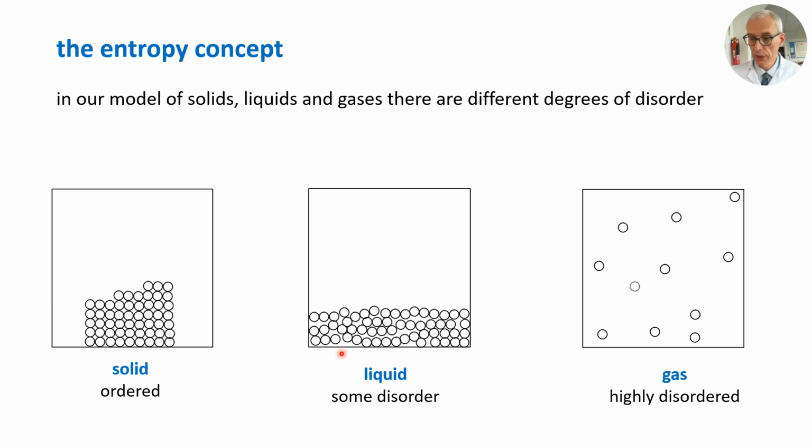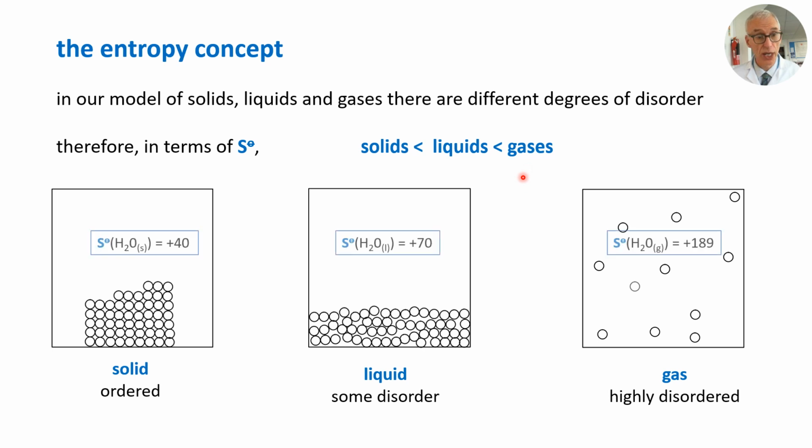A liquid has some degree of disorder, and a gas, a random arrangement, is highly disordered. So in terms of standard molar entropy, solids have a much lower entropy than liquids, which have a lower entropy than gases.